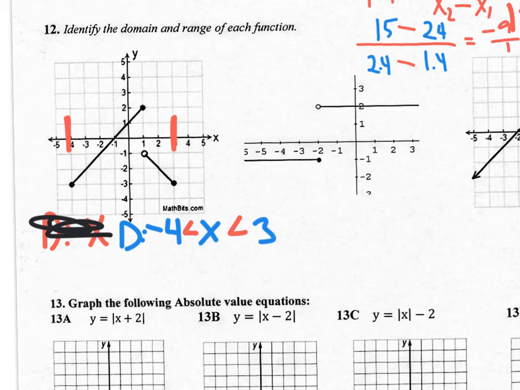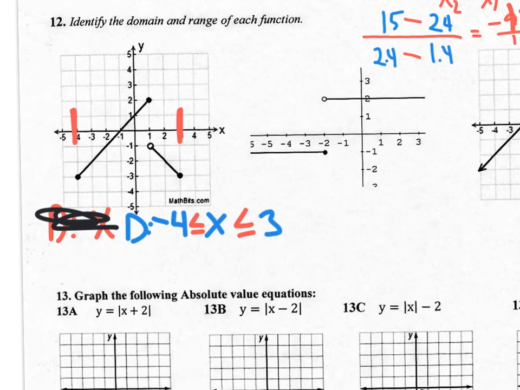And they are less than or equal to, because this is a solid dot at -4, so it's an or equal to. If this would have been an open dot, this would have been just a less than. So do we understand domain on number 12?